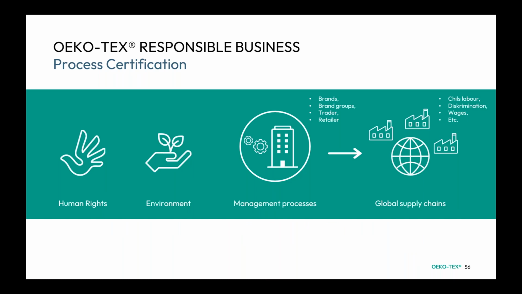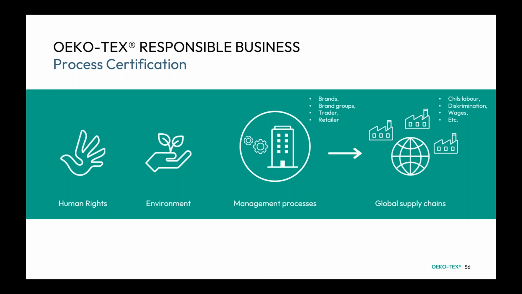So with the Responsible Business certificate, we are trying to look at human rights, the environment, management process, and global supply chain. But what we're really looking at is the management processes of a company, where we want to evaluate how well human rights and environmental due diligence obligations are integrated into the business enterprise and business activities.